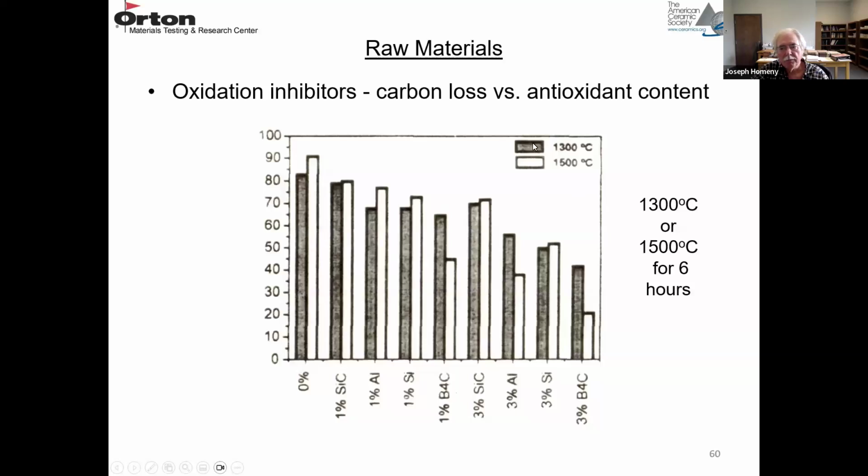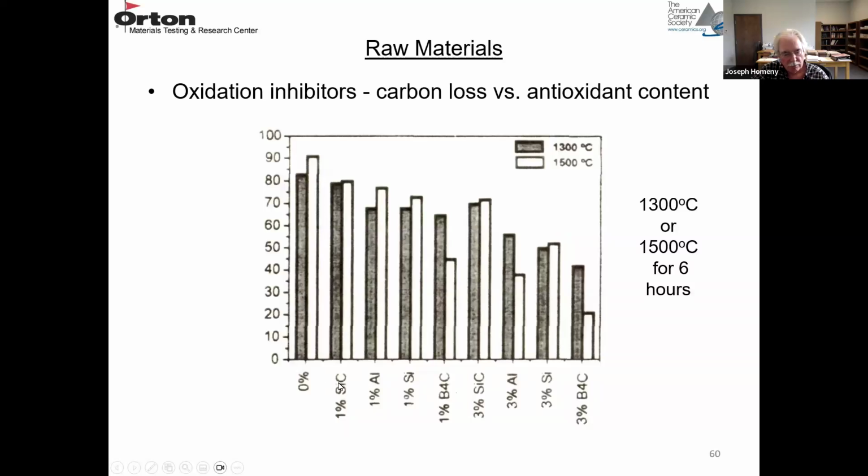The black bar represents a test at 1300 degrees C. The white bar represents a test at 1500 degrees C. So for either of these temperatures, the samples were held for 6 hours in an oxidizing atmosphere. So the first here is at 0%. So there's no additives here. You can see the percent carbon loss is between 80 and 90%.